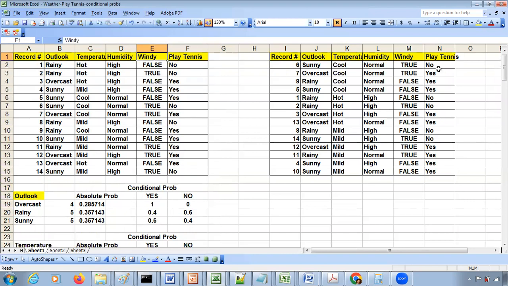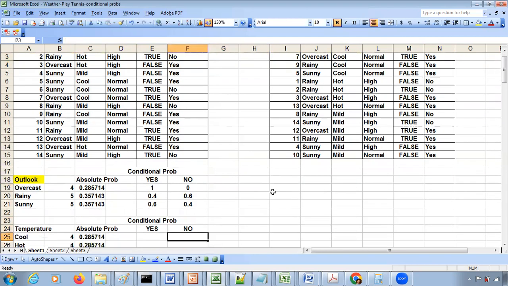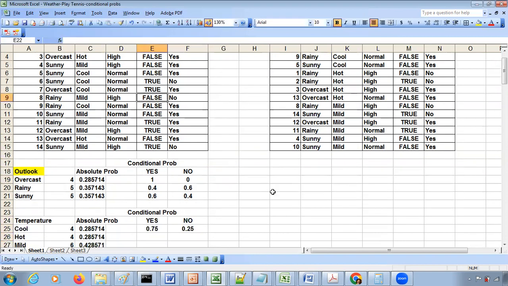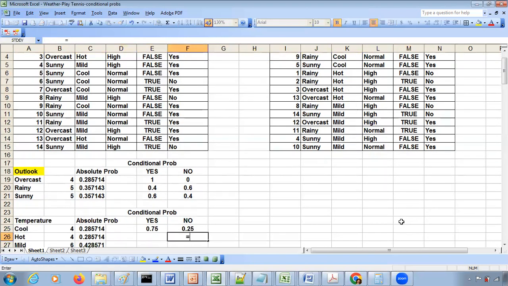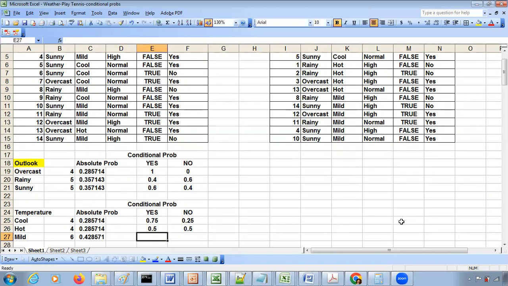Out of the 4 records where temperature is cool, we have 1 no and 3 yes. So that's going to be 1 over 4 and 3 over 4 for yes. Then out of the 4 records where temperature is hot, we have 2 no's and 2 yes. So that's going to be 2 over 4 and 2 over 4.